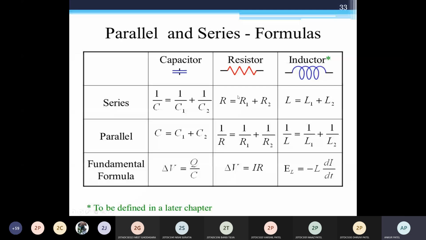Suppose we have three lamps, each rated 230 volt. So 230 into 3 is equal to 690 volt.